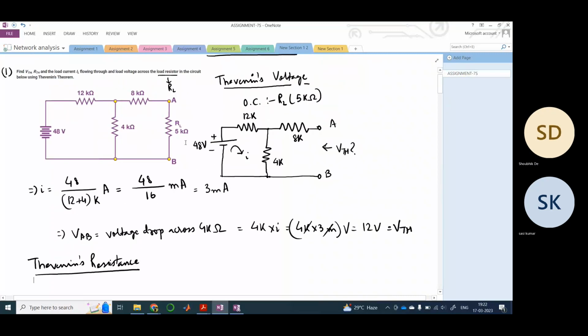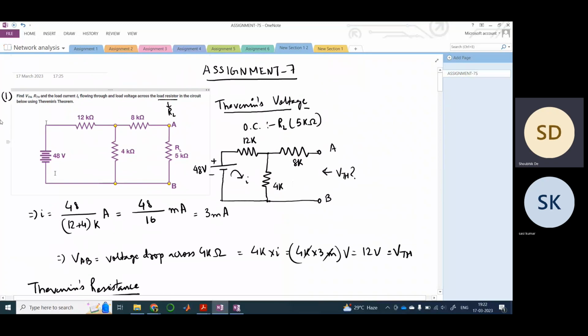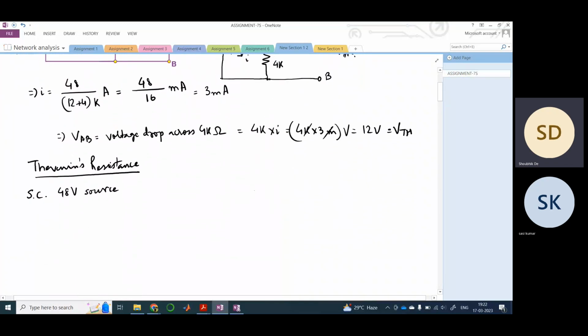For calculating Thevenin resistance, we need to short circuit the 48-volt source. It's an ideal voltage source and it has no internal impedance. So the circuit would look something like this.